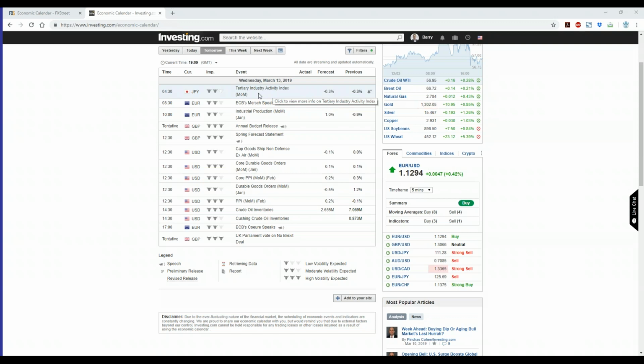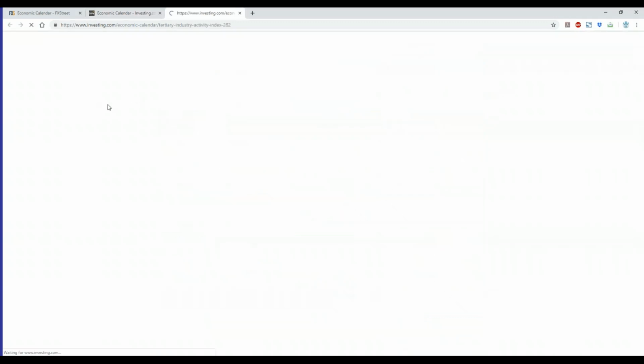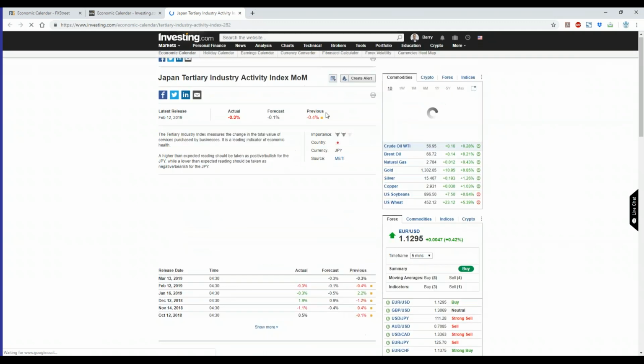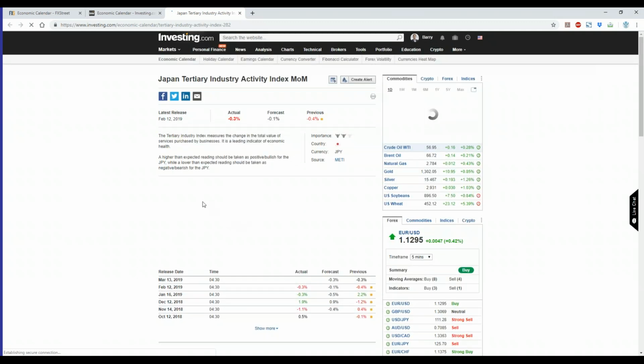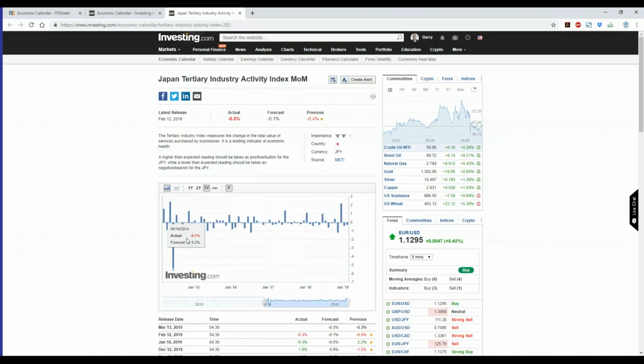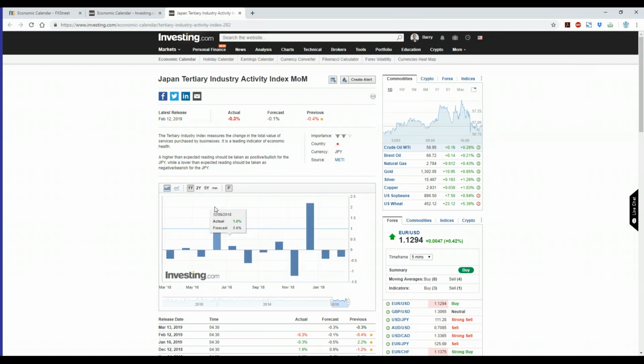If you want to learn more about that, you click on the box, click on the hyperlink, and it opens up and gives you all the information on the investing.com site. It tells you an explanation of what it is, its importance level, the releasing source, the past data, and some odds and ends charts. In this case, we're looking at a bar chart that shows the last 5 years, and the last 1 year of data compared to each month.